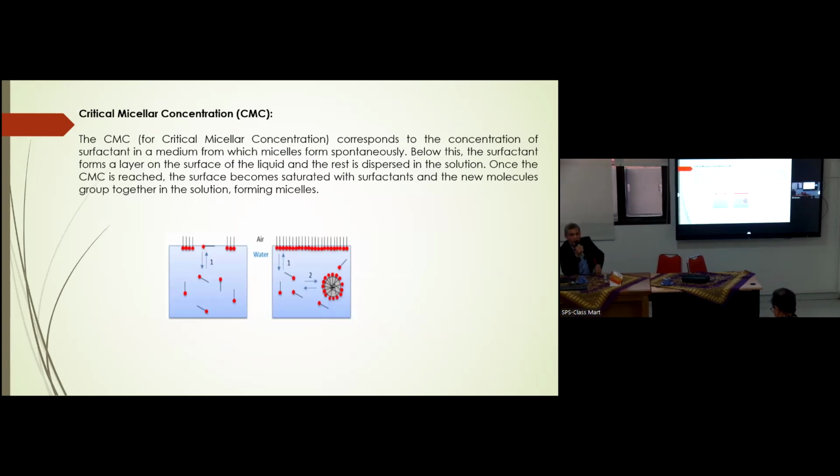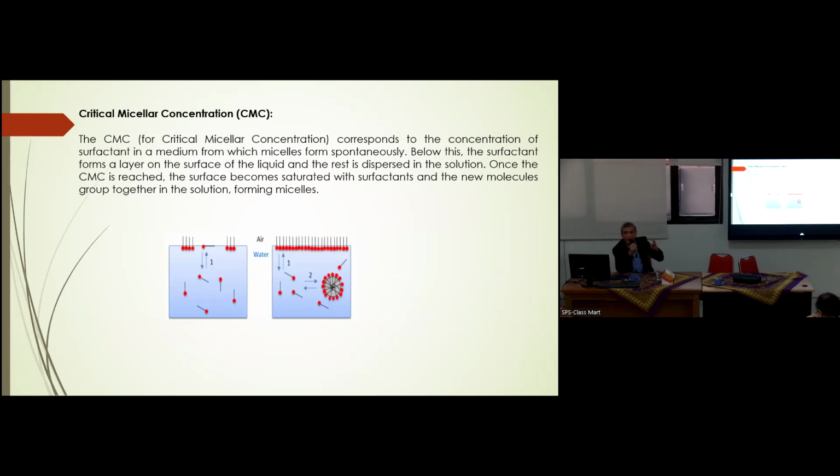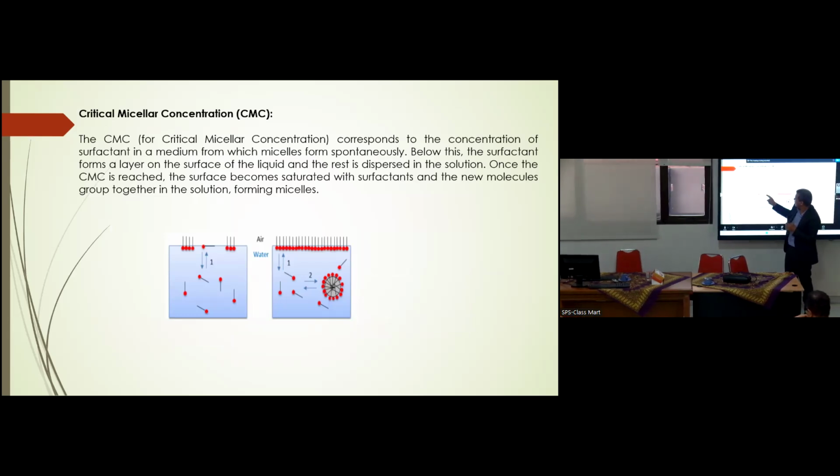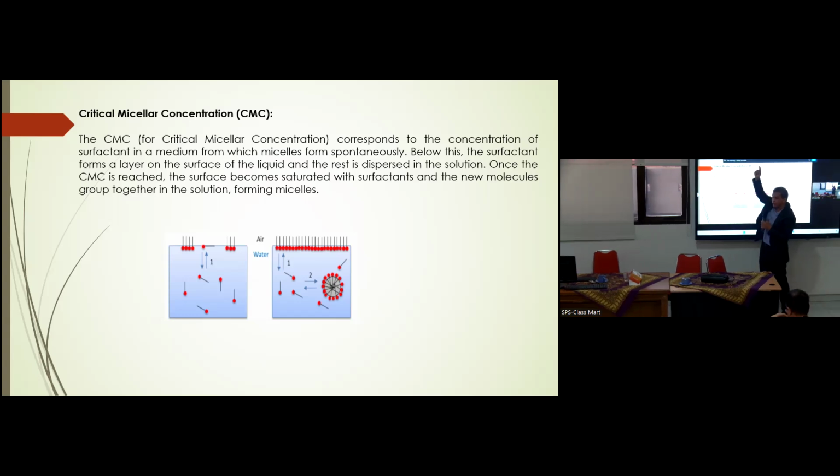This is the principle, and the surfactant has 2 main characteristics. What we call critical micellar concentration, CMC, because you have formation of micelles here. With low concentration of collector, as the collector hates the water, it stays at the surface, because only this part touches the water, and the other part is in the air.